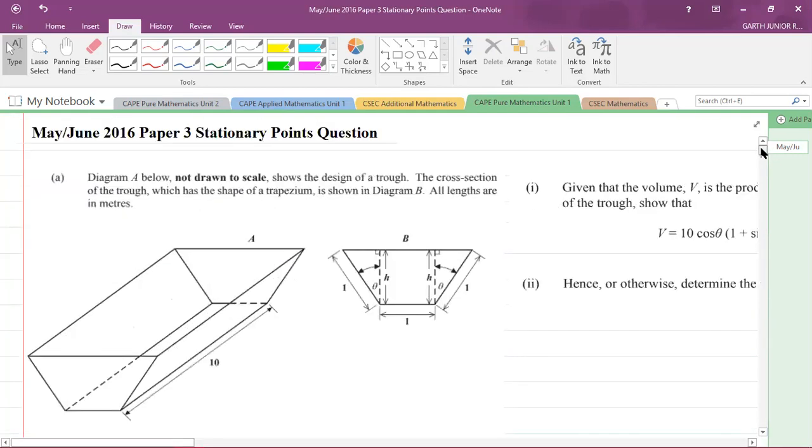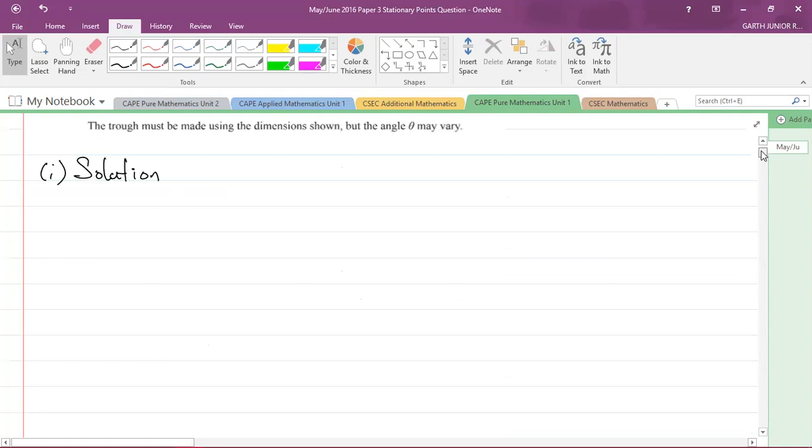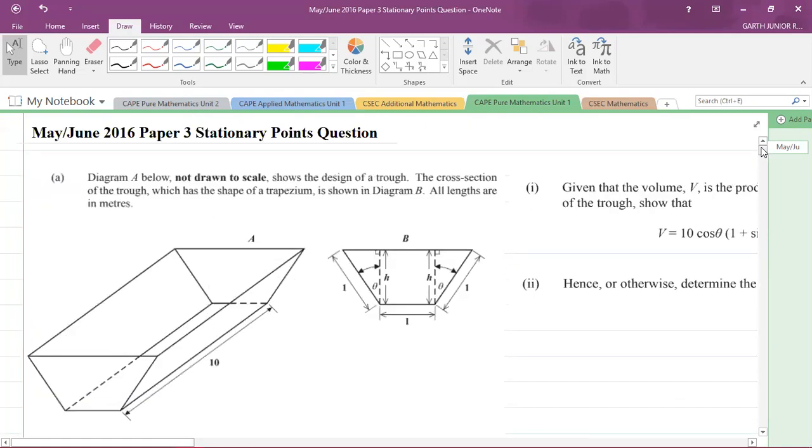So we have the part 1 solution. What I'm going to do here is label parts of the diagram. This side, which is the base of the triangle, we don't know what it is, so I'm just going to call it b for base.